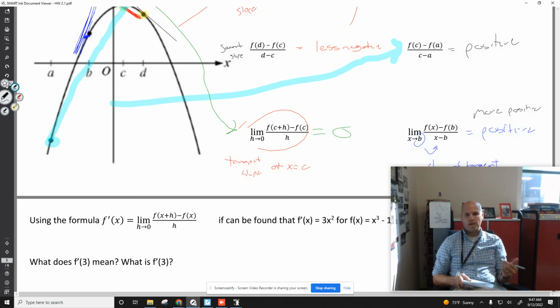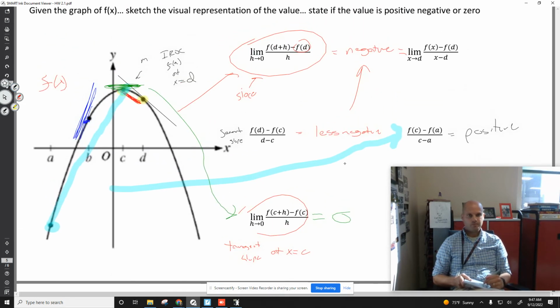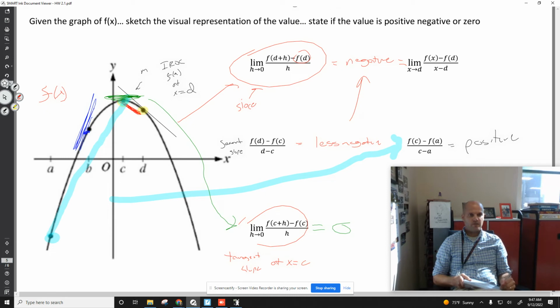So what you're going to be asked to do potentially is order things from least to greatest. If I asked you, what's less than what, then less than what? You'd say, this is the most negative, so this is the least value. This is less negative.